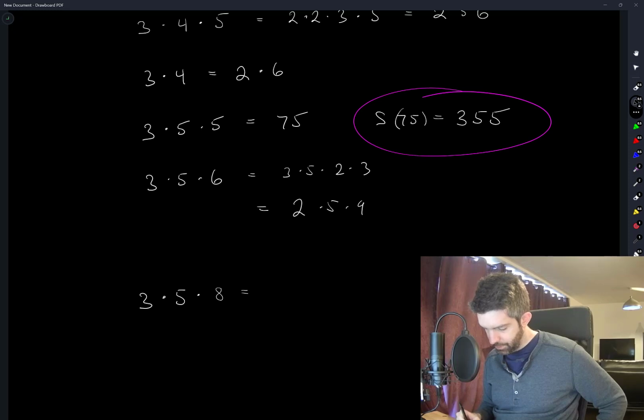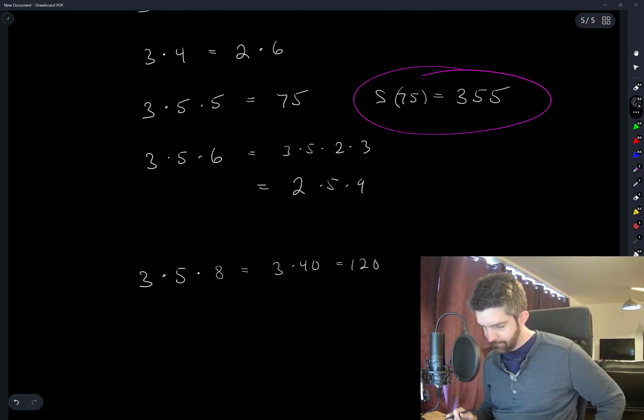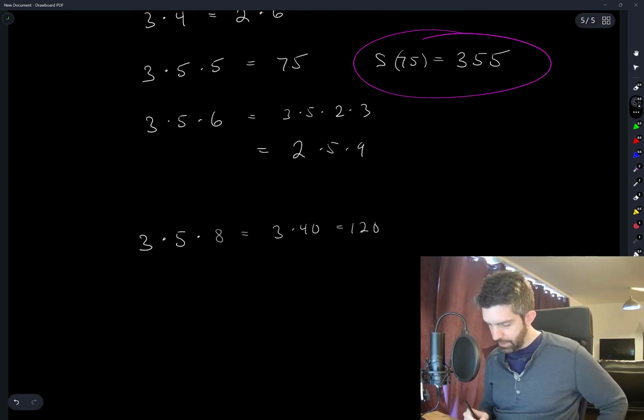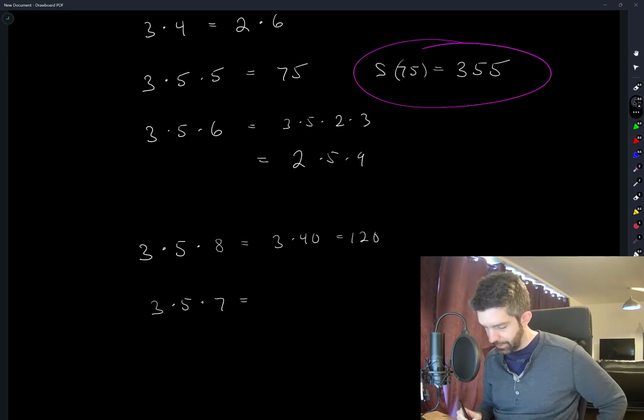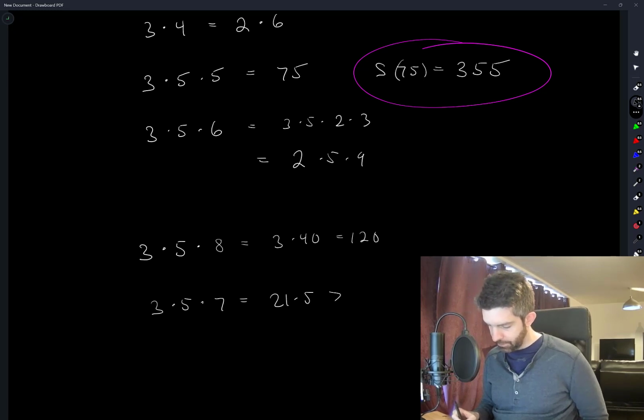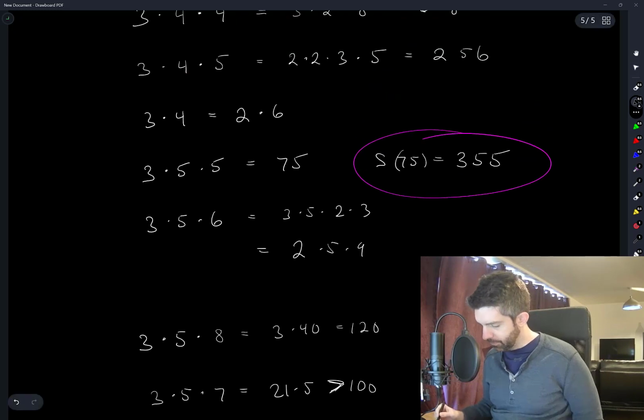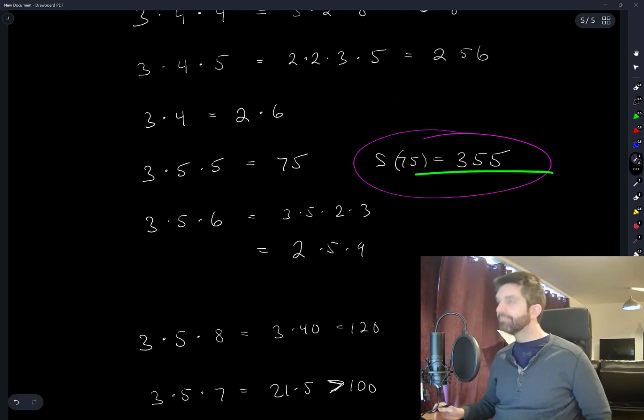This is equal to 3 times 40. Okay, what about 357? I think we did this one already. This is 21 times 5, greater than 100. So maybe this is the answer.